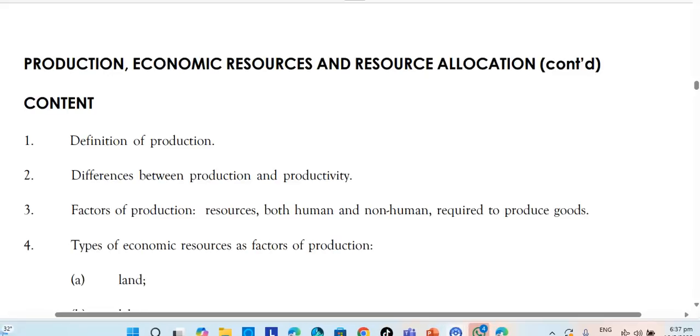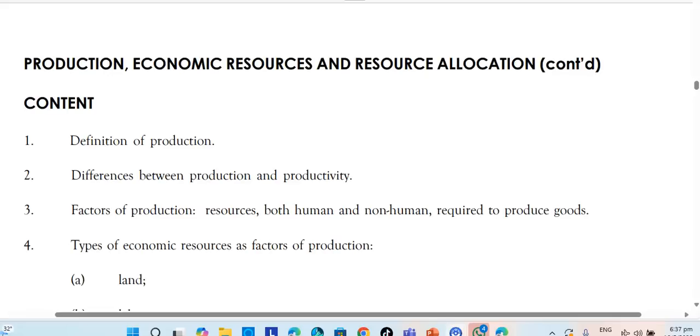All right, guys, so now we're going to look at the factors of production. If you get any question asking you about the factors of production, we're going to look at resources, both human and non-human resources. We're going to look at what is required to produce goods. Now, when we talk about the factors of production, these are the resources that are used to produce goods and services.